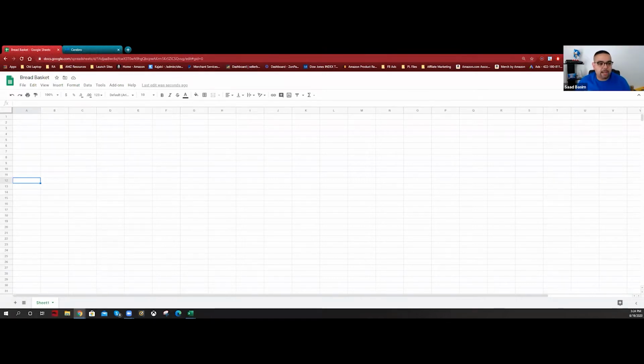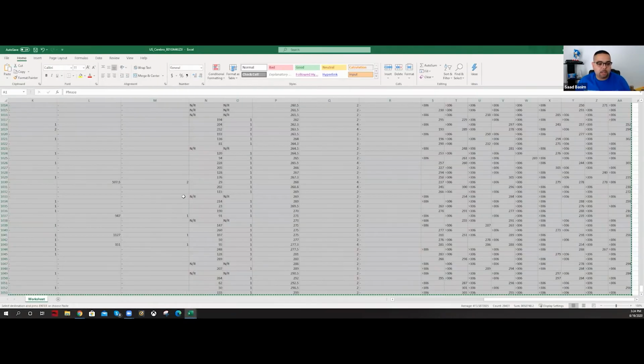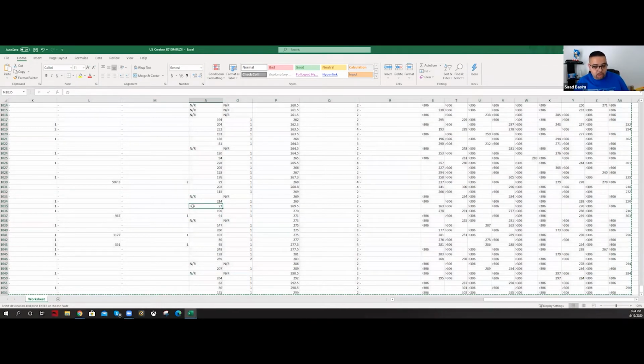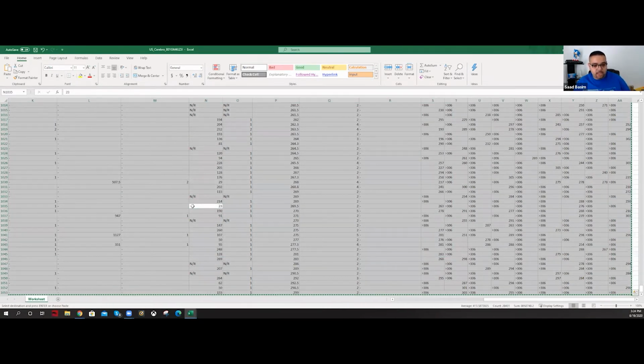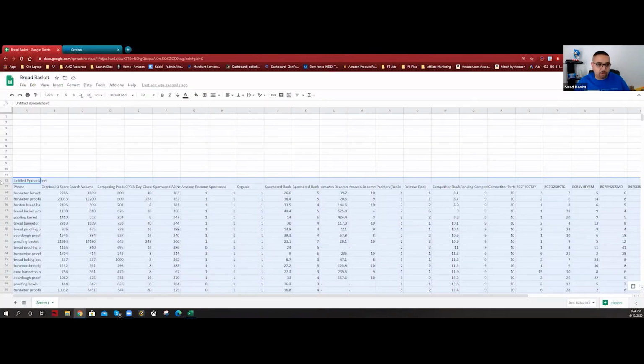So Control A for selecting everything in the Excel sheet. Control A, then Control C to copy everything. And then I went to Google Sheets, went to the 12th row and pressed Control V for pasting.